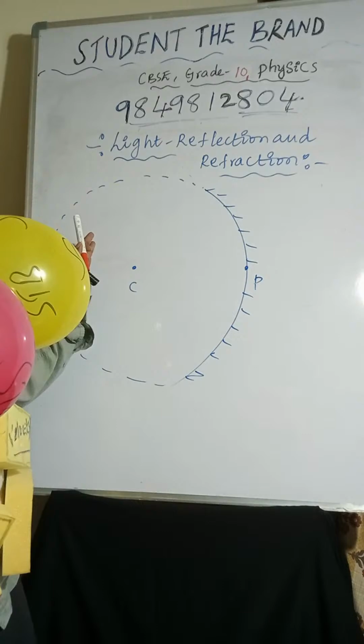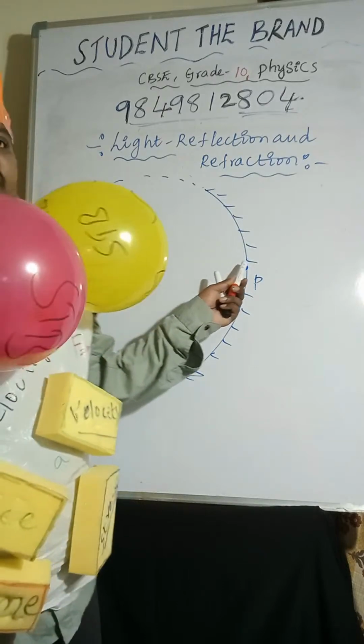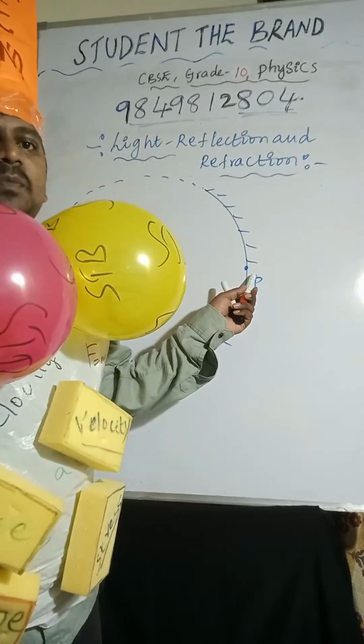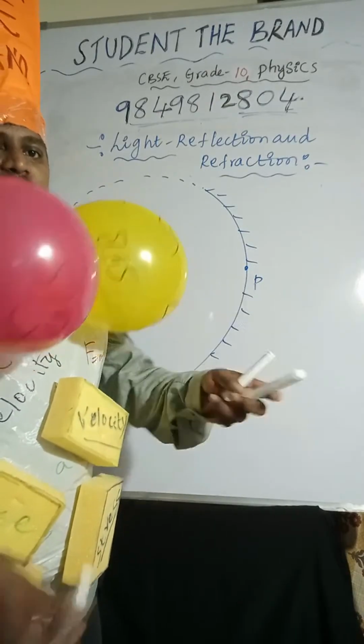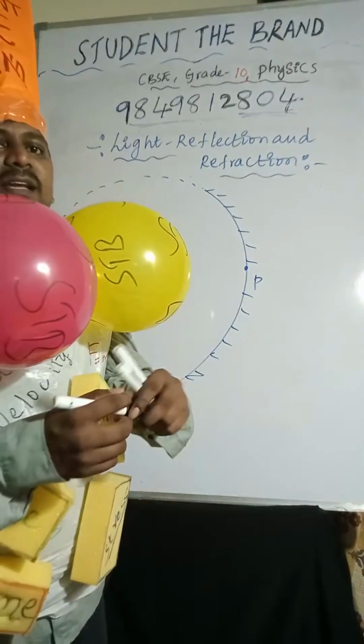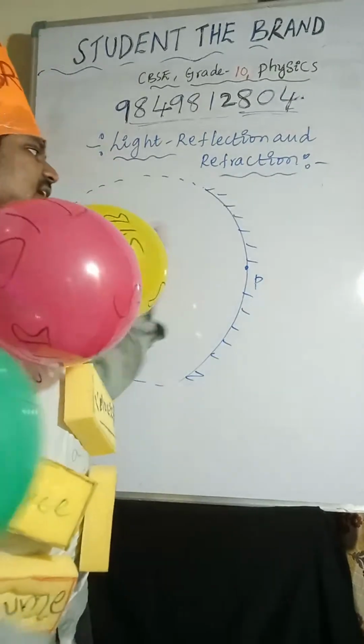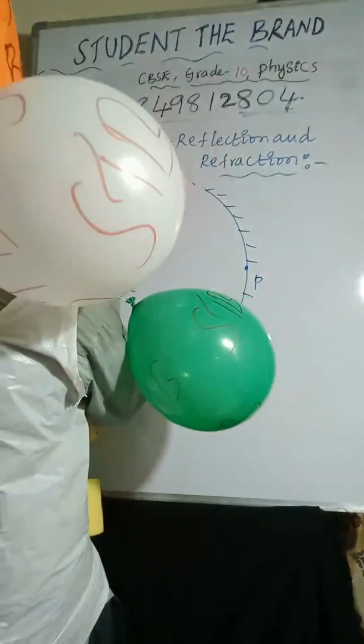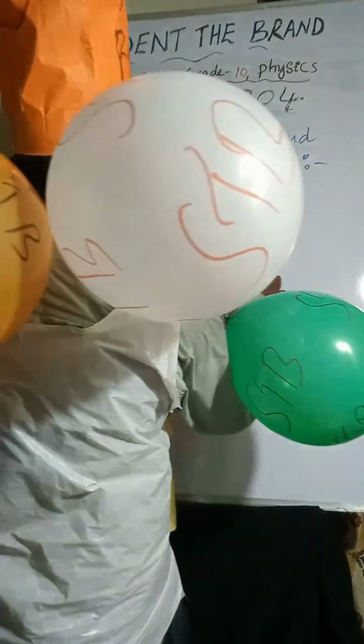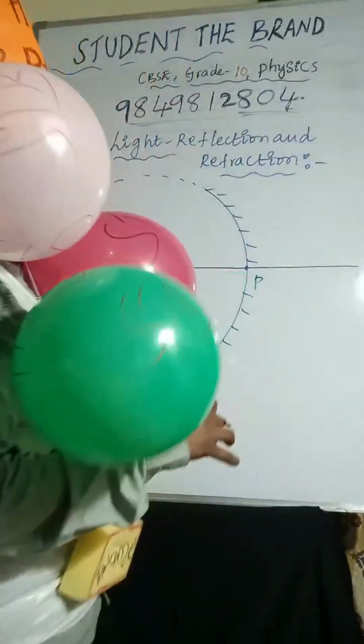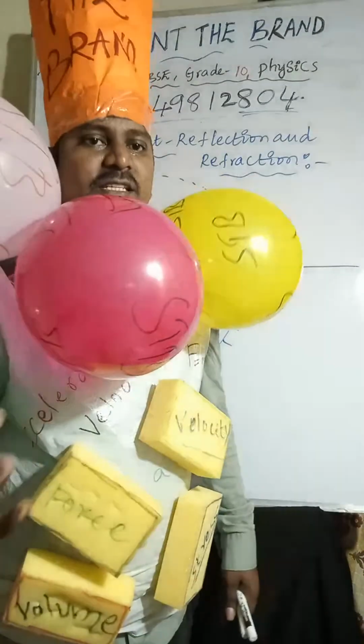P is the midpoint of the mirror, the pole. The line joining the center of curvature and pole is called the principal axis.